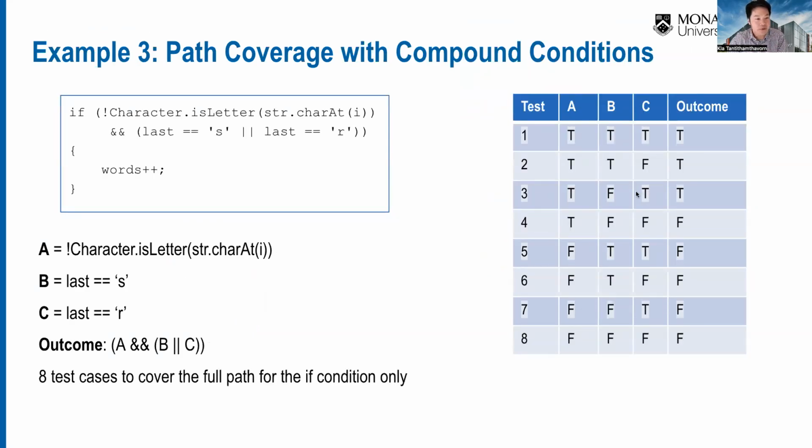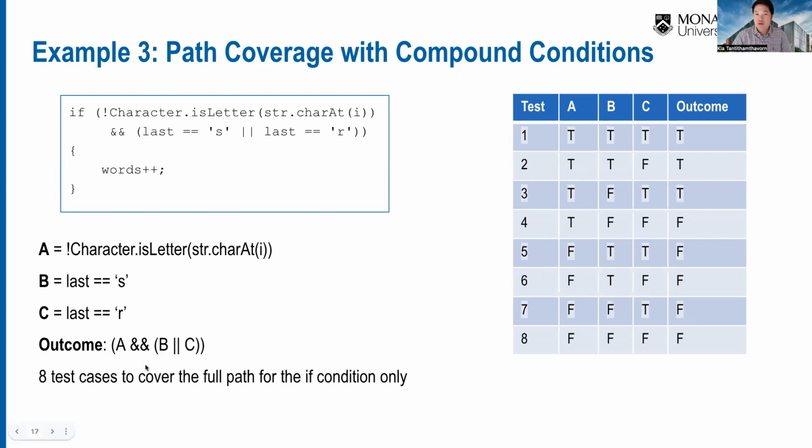This is an example, right? This is a path coverage with the compound conditions, okay? So we have if character, blah, blah, blah, whatever, but let's say we represent it as A, B, and C. And this Boolean expression, we can simplify as A and B or C, okay?